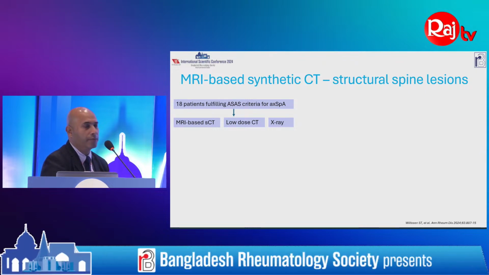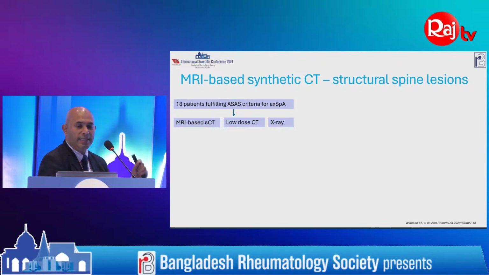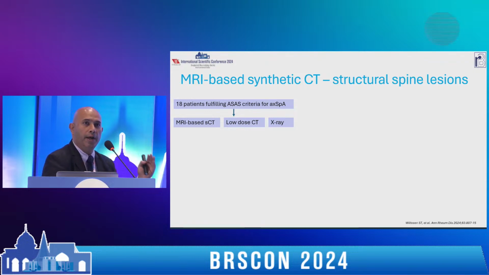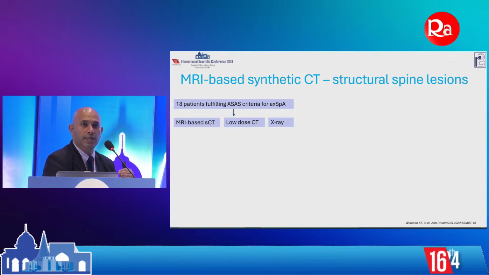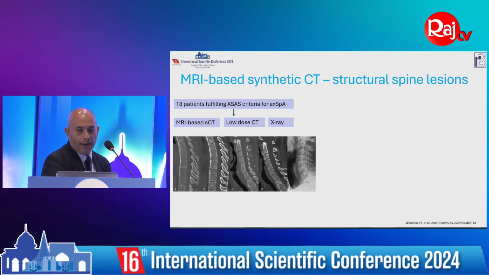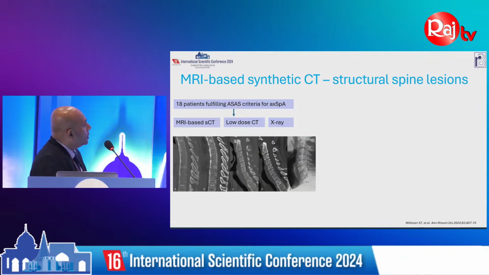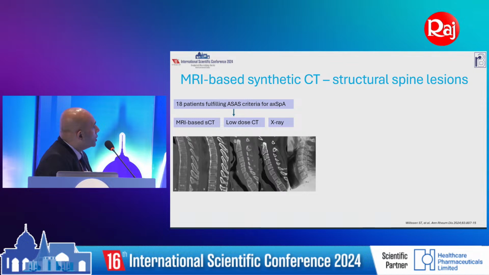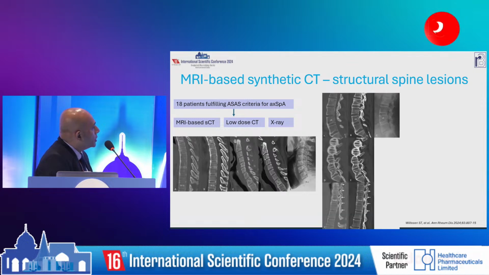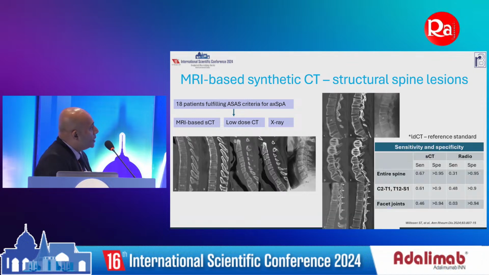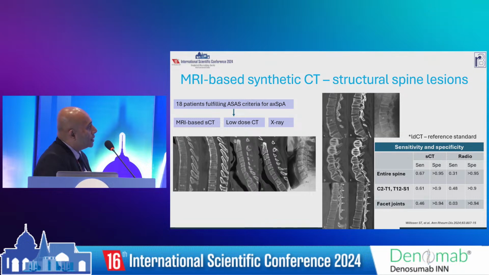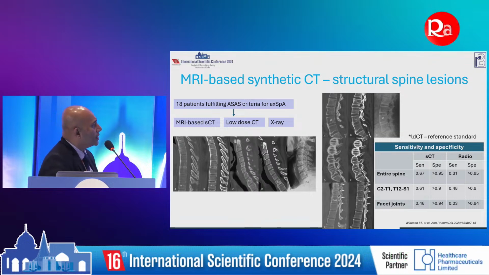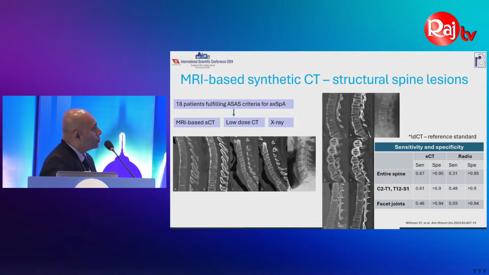This is a recent study from Denmark in which they had 18 patients who underwent MRI-based synthetic CT, low-dose CT, and X-ray. And look at the amazing quality of these images using synthetic CT, and they compared it with CT. With low-dose CT as the reference standard, we see synthetic CT and radiographs both have very good specificity.